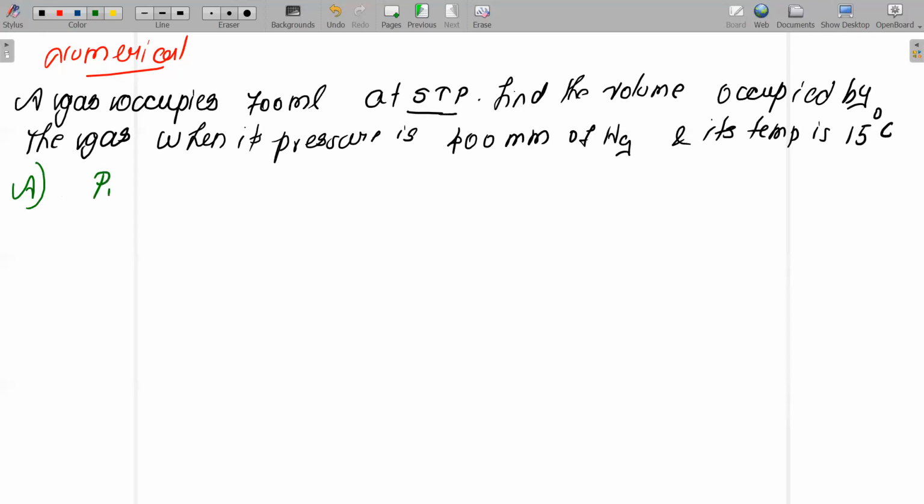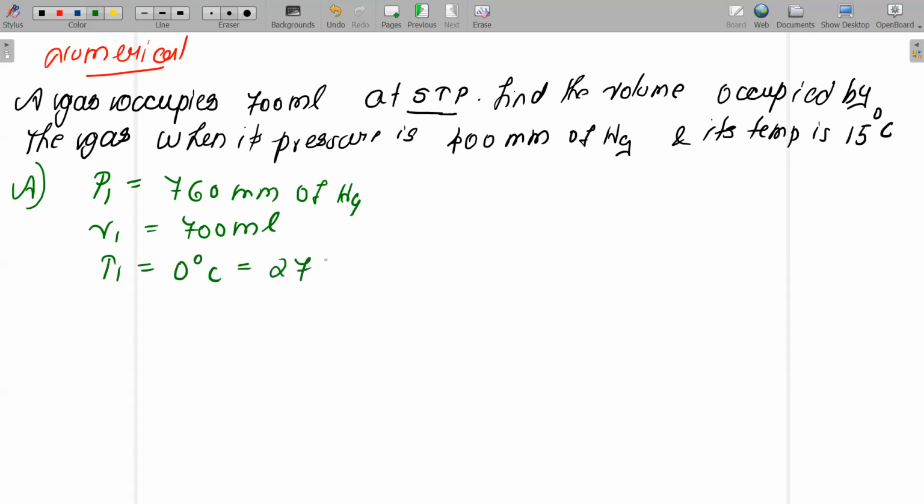So we understood from here P1 is 760 mm of mercury, and V1 is equal to 700 ml. All those values are given, okay? Now T1 is 0 degrees Celsius. That means 273 Kelvin, right? 273 plus the degrees Celsius value, we are getting the value in Kelvin. So this is 0 degrees Celsius, so we'll get it as 273 Kelvin.